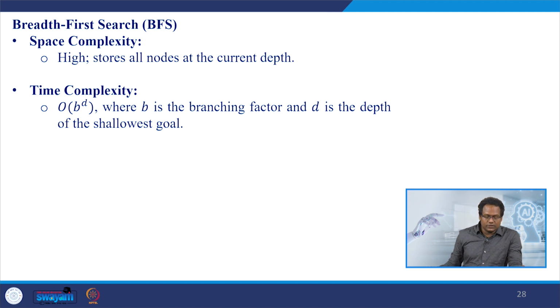The space complexity here is high, as it stores all nodes in the current depth, and the time complexity is given by O of B power D, where B is the branching factor and D is the depth of the shallowest goal.